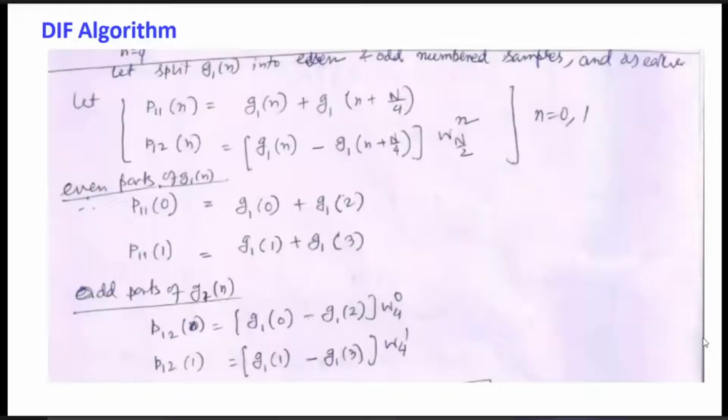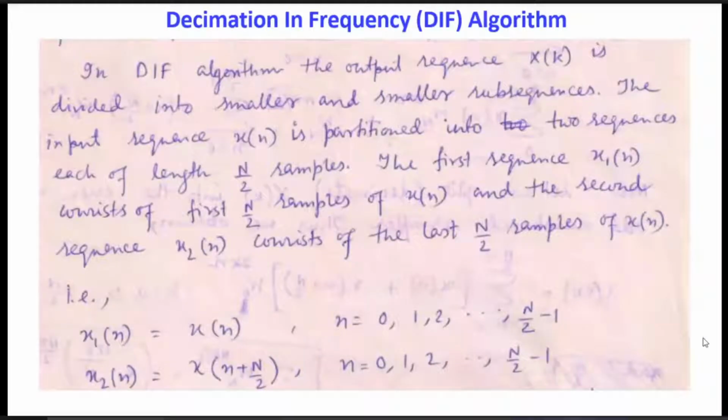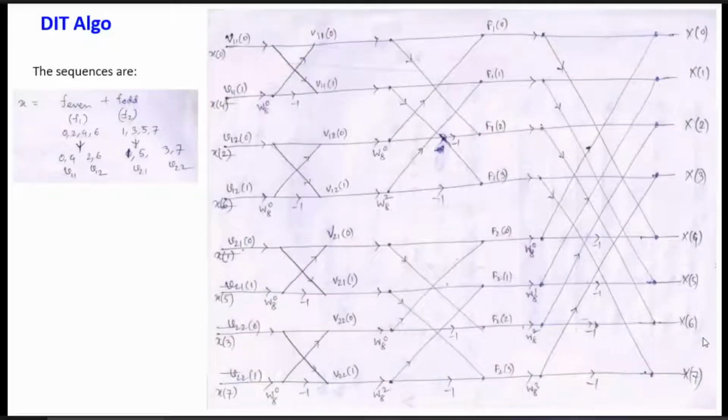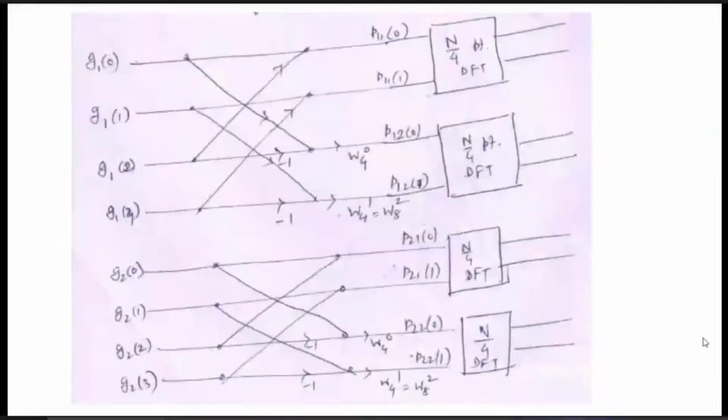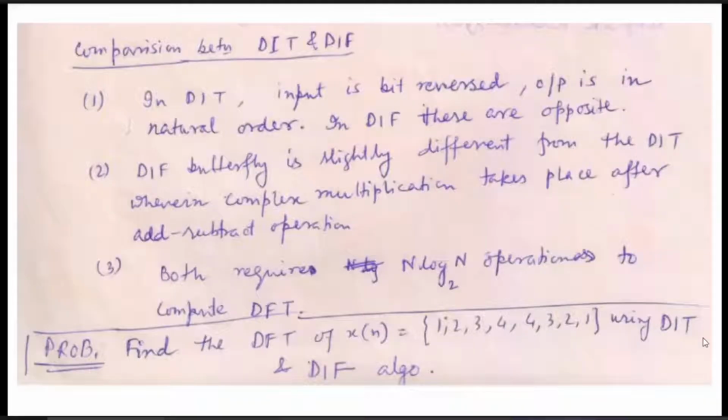Decimation in frequency, and decimation in time. Diagram is this one. Now, the comparison between these two is written here: the comparison between decimation in time and decimation in frequency. So in decimation in time, input is bit reversed and output is in natural order.